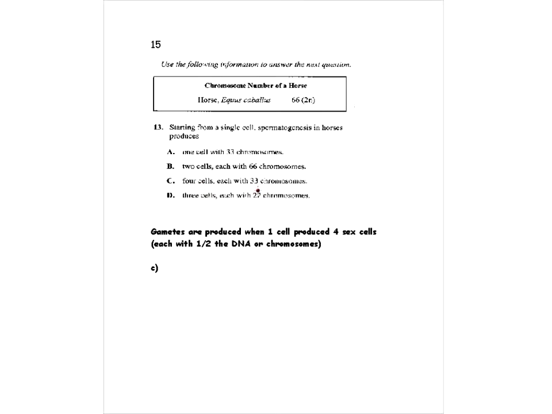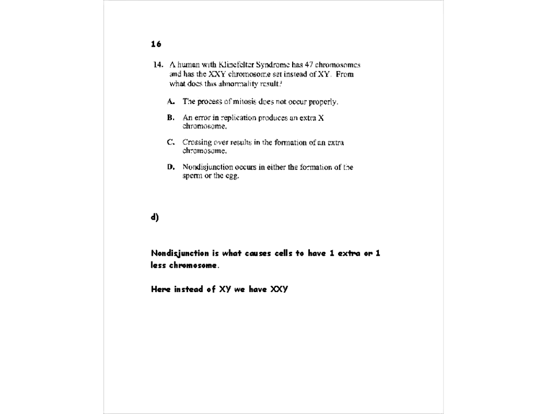Spermatogenesis is the production of sperm, and whenever gametes are produced, they're going to have half the number of chromosomes as the parent cell. So instead of 66, they're going to have 33. So that's why we're going to have 4 cells and 33 chromosomes. All right, on to the next question.